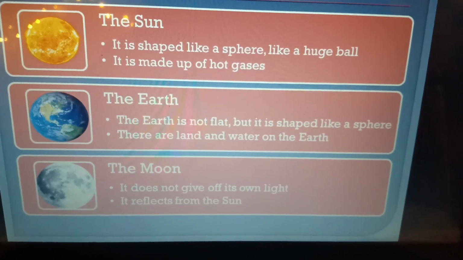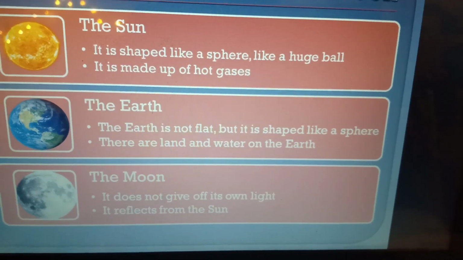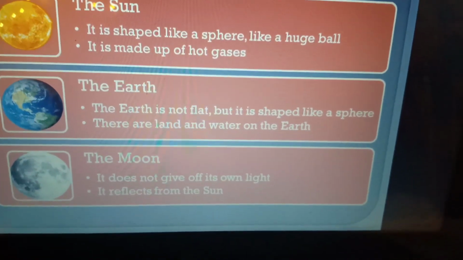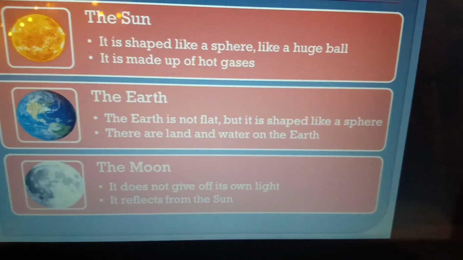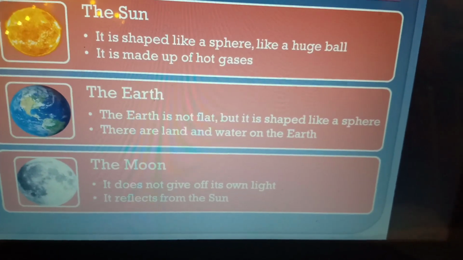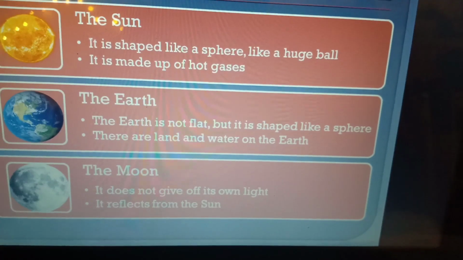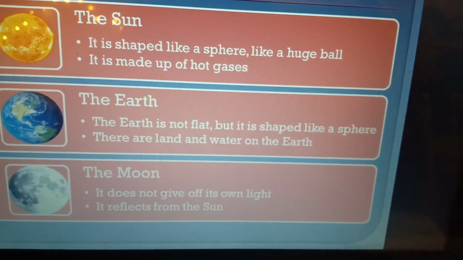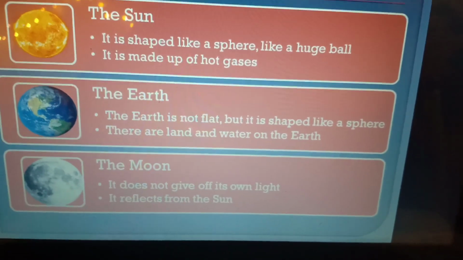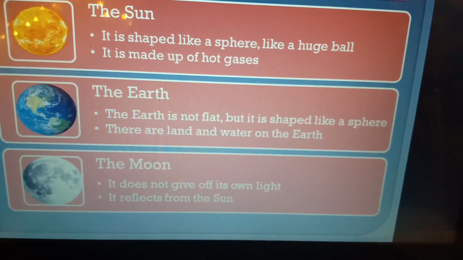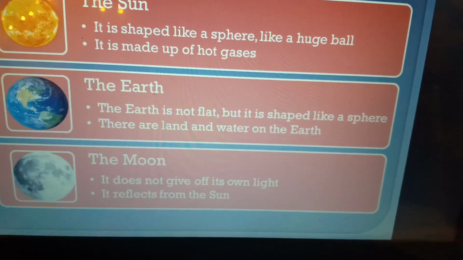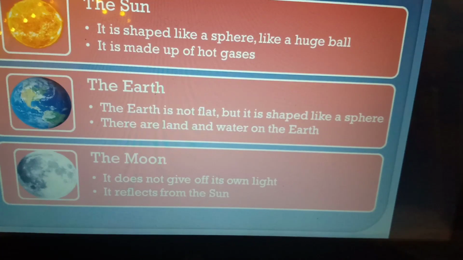No, it's wrong. Actually, it is shaped like a sphere, like the sun. And there are land and water on the earth. So the difference between the sun and the earth: the sun is made up of hot gases, but the surface of the earth is mostly land and water.